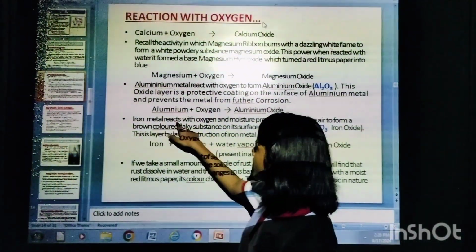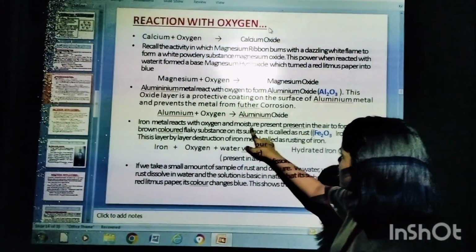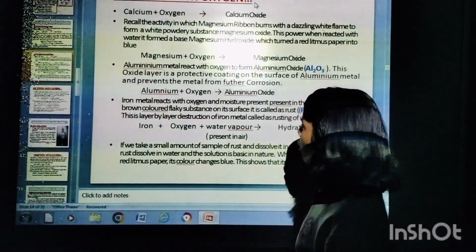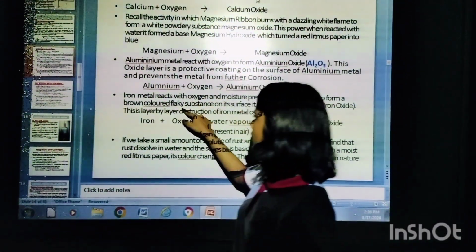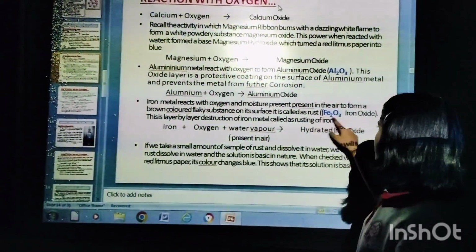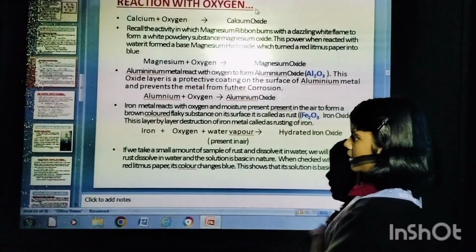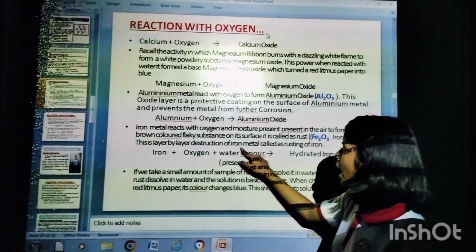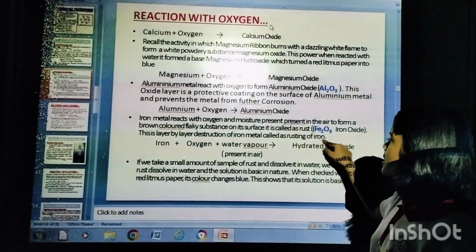Iron metal reacts with oxygen and moisture present in the air to form a brown colored flaky substance on its surface. It is called rust, iron oxide. This layer by layer destruction of iron metal is called rusting of iron.